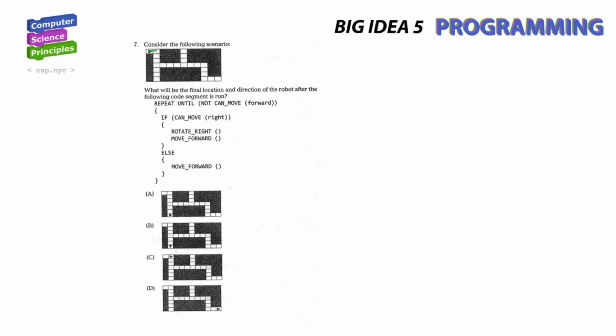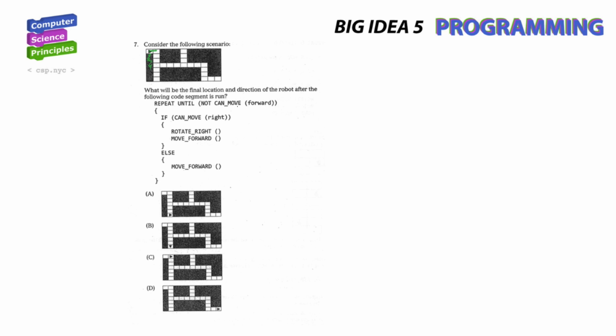And in fact, it does, because it says if can move right, which currently it can't move right because of all these black boxes, so it can't move right. So then what it does is it rotates right and moves forward. So if can move right, which it can't, so let me back up a second.